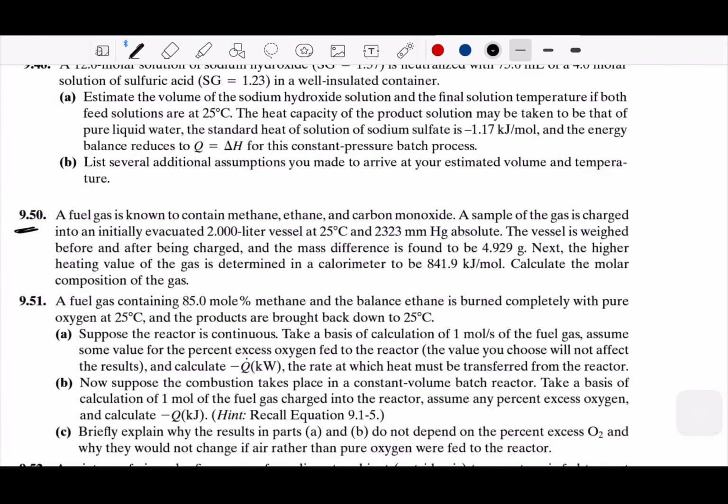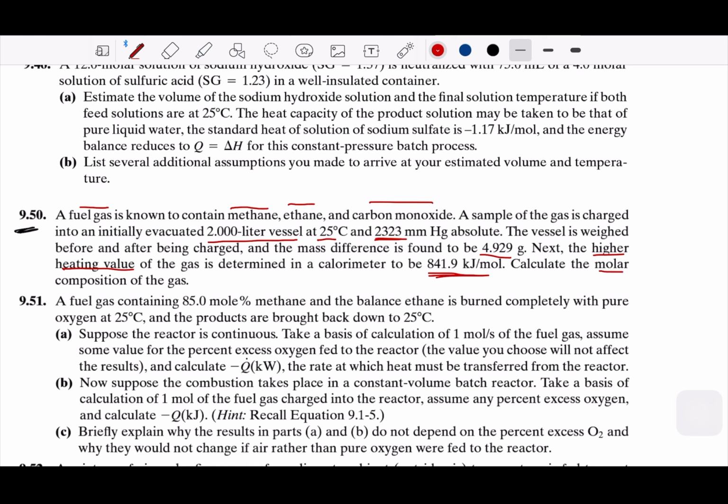You have a fuel gas. It has methane, ethane, and carbon monoxide. The sample of the gas is charged to a 2 liter vessel at 25 Celsius at a given pressure in millimeters Hg. The vessel is weighed before and after being charged. The mass difference is found to be 4.929 gram. The higher heating value is determined in a calorimeter, and this is the value.